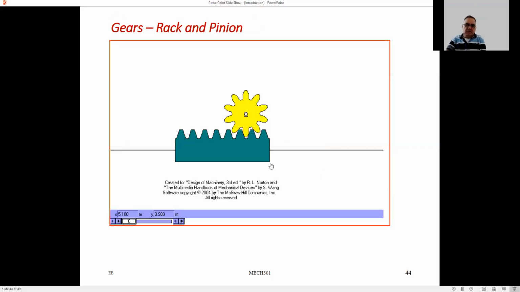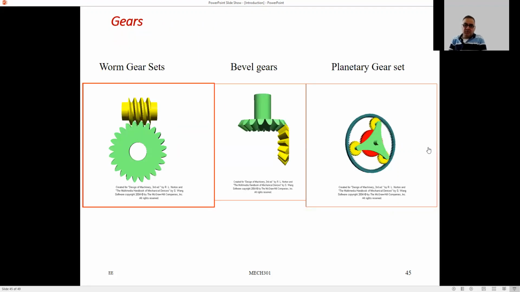And here you have a gear mechanism in which you have a rack and pinion. And then we will talk about gears later on. You have a worm gear, bevel gear, planetary gear. I guess you will talk about gears, how to design them, in your machine elements class as well. But here we will look at the kinematics of gears.